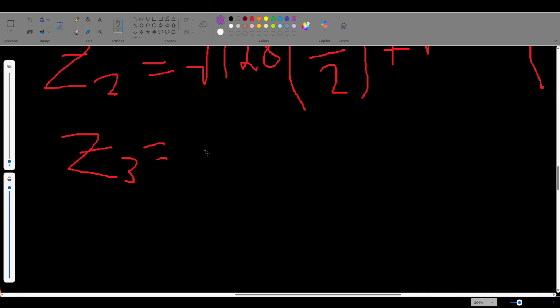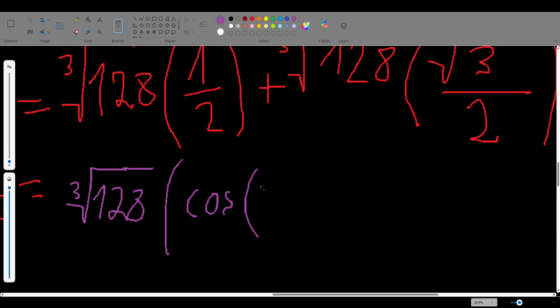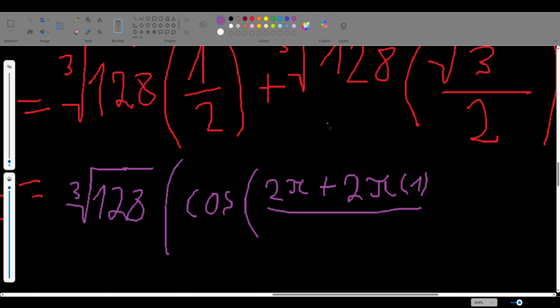So now we're going to do z cubed, which is the cube root of 128, times the cosine of theta, which is 2 pi, because we're working with 360 degrees, okay, plus 2 pi times 1, divided by 3.